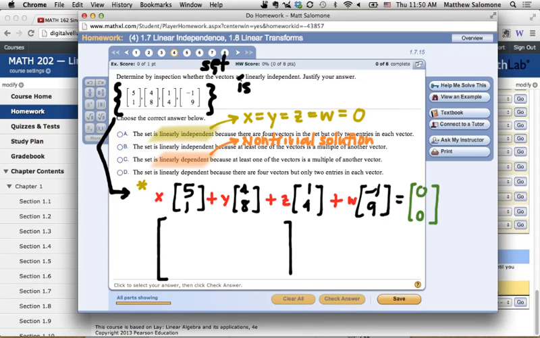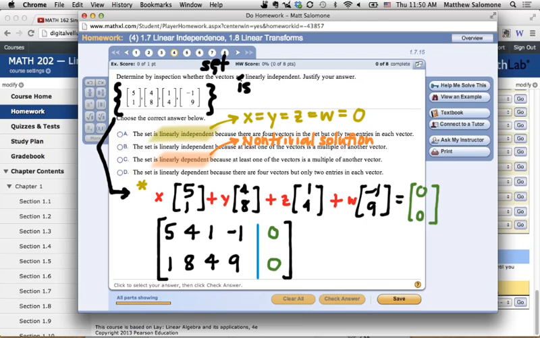And what would that augmented matrix look like? On the left-hand side, 5, 4, 1, 8, 1, 4, negative 1, 9. On the right-hand side, zeros.